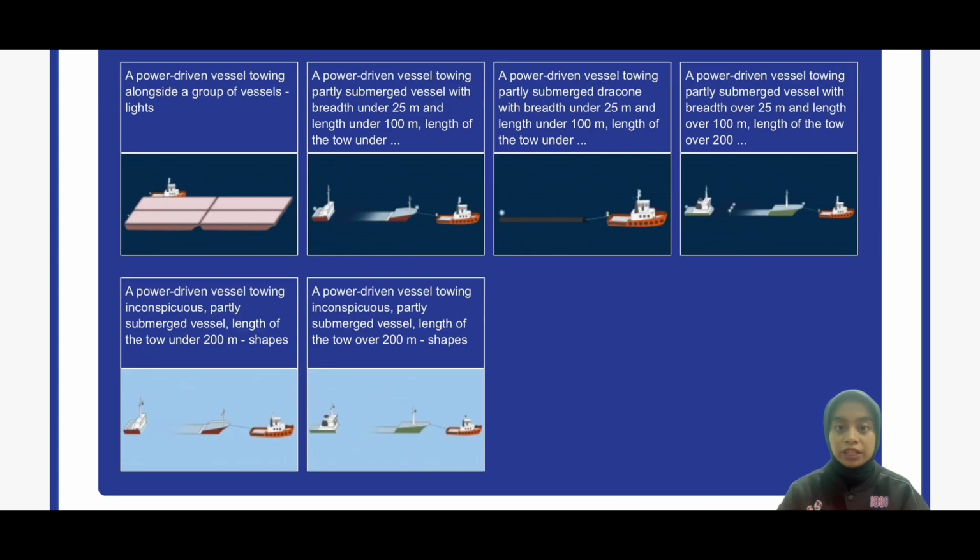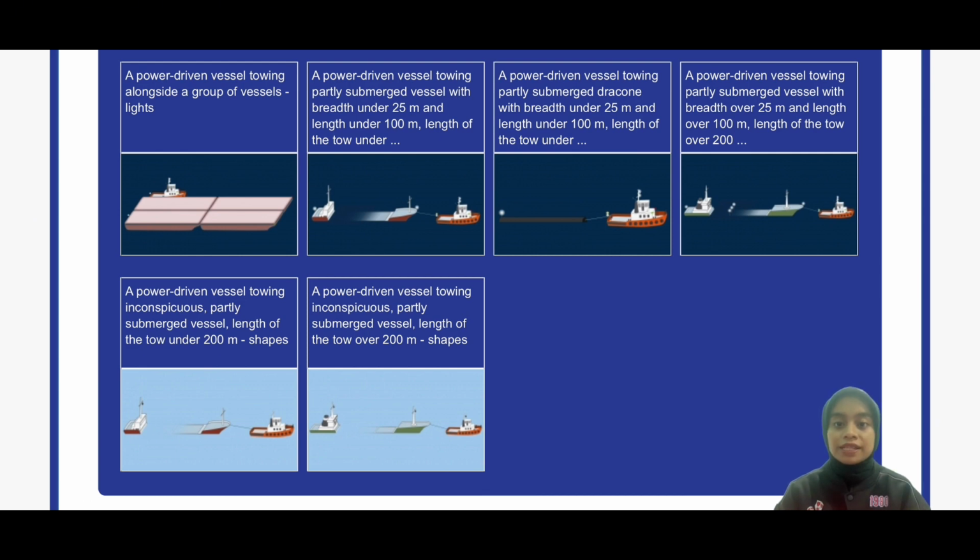A vessel being pushed ahead, not being part of a composite unit, shall exhibit at the forward end side lights. A vessel being towed alongside shall exhibit a stern light and at the forward end side lights.